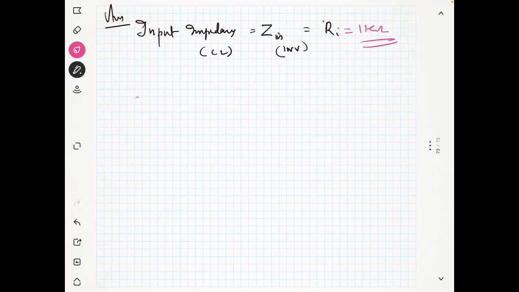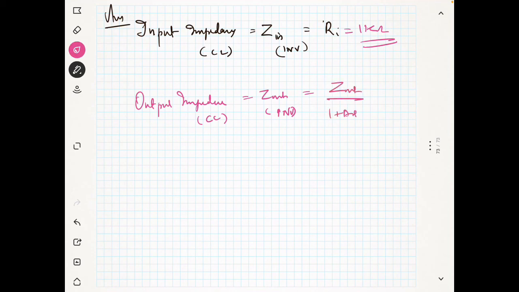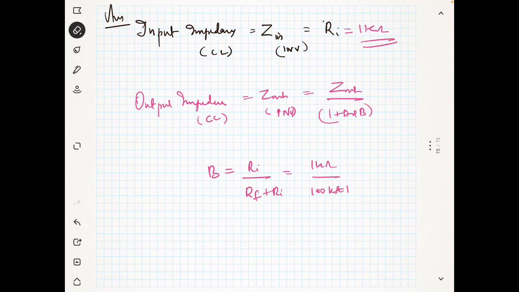That's it. And the output impedance in closed loop is equal to Zout of the inverting amplifier, which is equal to Zout divided by 1 plus AOL into B. This B is Ri divided by RF plus Ri, which is equal to 1 kilo divided by 100 kilo ohm plus 1 kilo ohm.